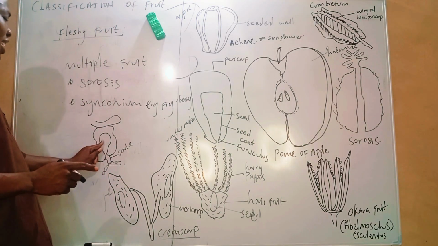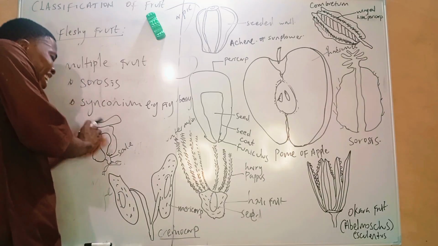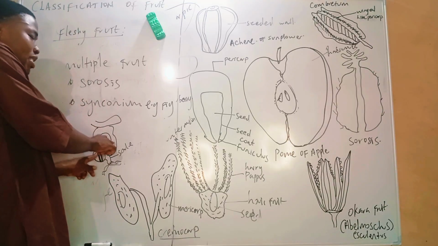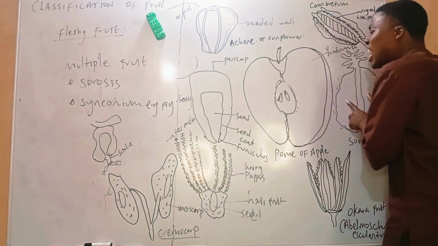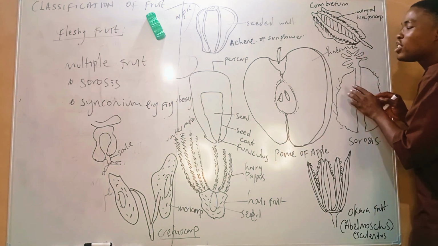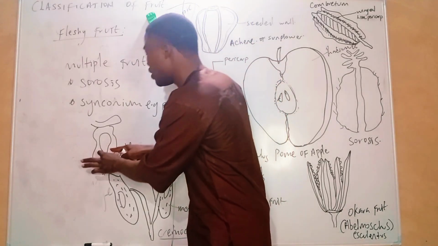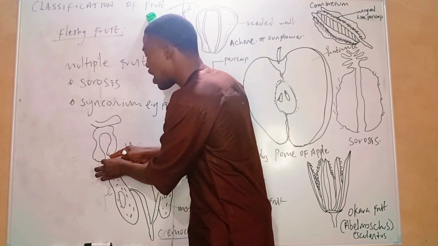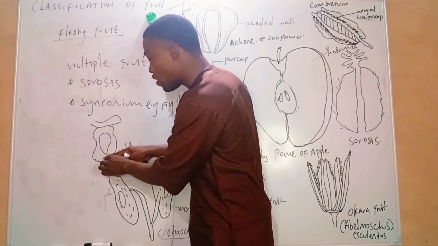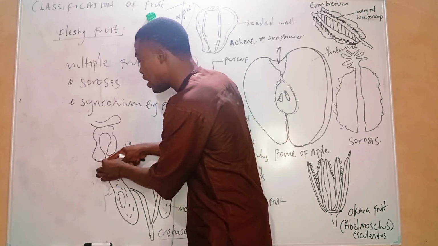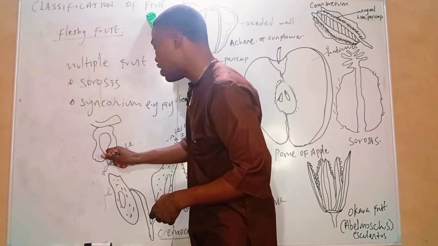In synconium, the seed or the fruit forms a hole inside the receptacle. But for psoriasis, it does not form any hole. So in psoriasis, usually no seed in the receptacle. But for synconium, there's a seed inside the receptacle, which usually extends out to other flower parts as scale at the tip of the receptacle, or at the entrance of the receptacle.